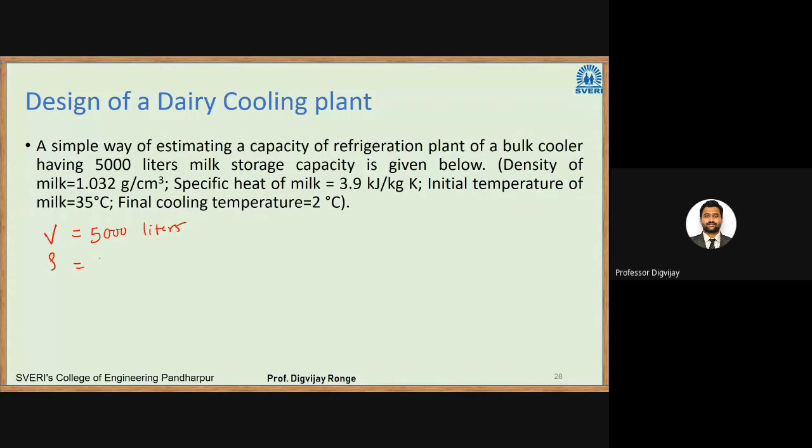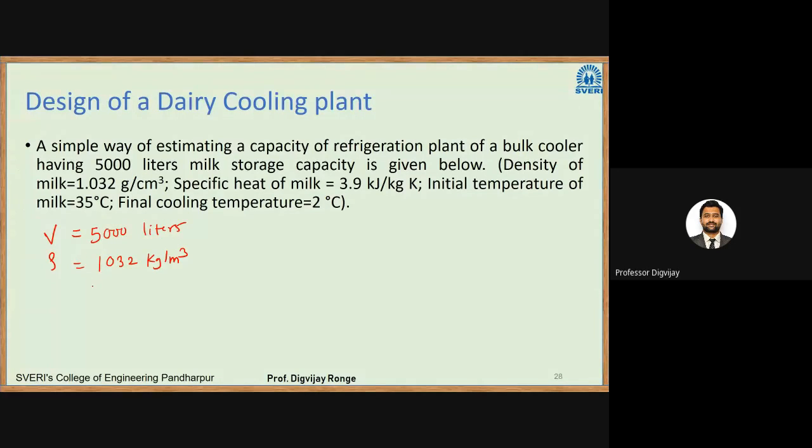That is nothing but 1.032 times 10 to the power minus 3 into 10 to the power 3, in kilogram per meter cube.